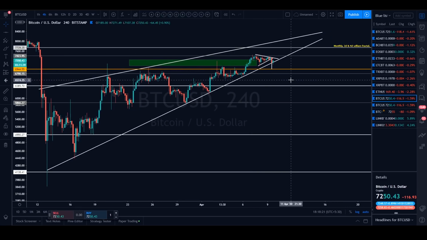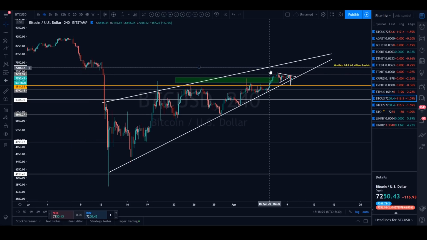But one thing I want you guys to note here: the measured move that points all the way down to 6.9K of that symmetrical triangle officially breaks that larger rising channel that everyone and their grandmothers have been looking at.